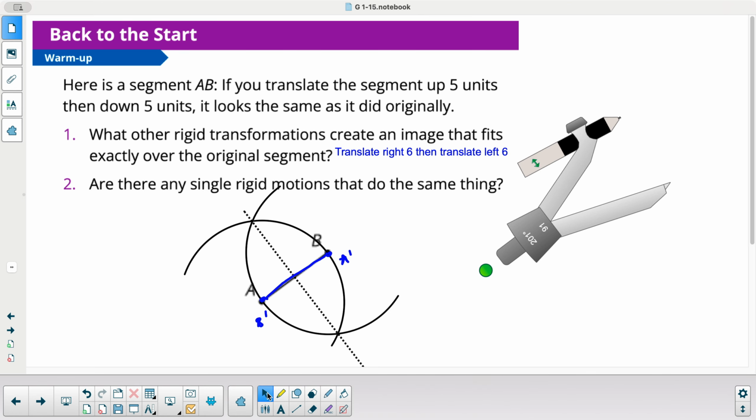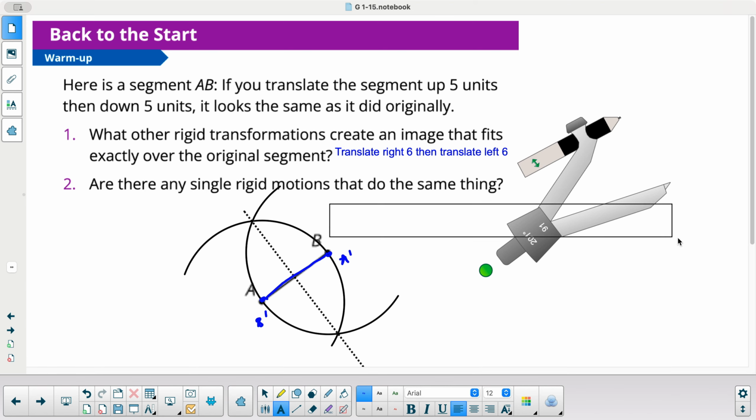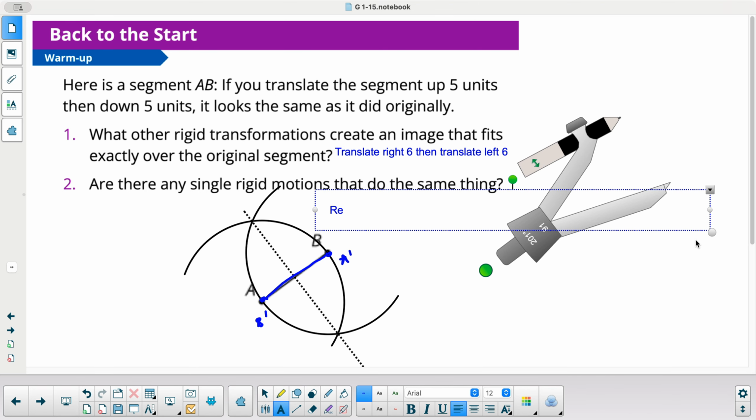Okay, so I would write something along the lines of: reflect segment AB across the perpendicular bisector of segment AB.